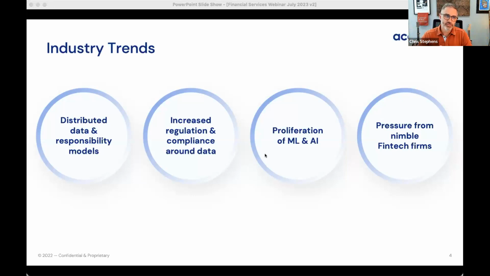I think that's a really big and important thing for all of us data leaders to keep in mind: as the model emerges out of these big centralized teams and shares the work around the organization, making sure that we have trust in the data that we're all using as we distribute that responsibility is huge.